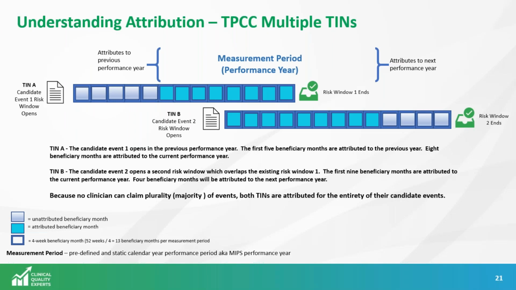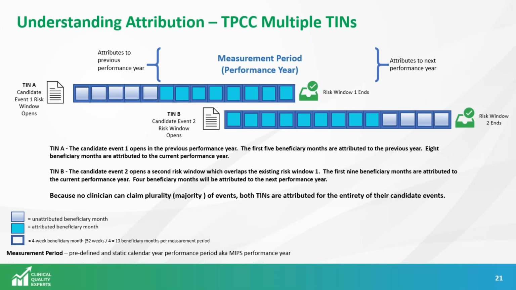So we've been dealing with the attribution all along, but it has been pretty simple since we had the one doctor in our example. Now let's say that instead of seeing the same clinician, the patient needs to switch to a different practice. We start with the same setup as before, where the doctor is with TIN A, sees the patient and opens a risk window. That risk window overlaps into the current year. Now, instead of going back to that same doctor, the patient has to go to a different practice.